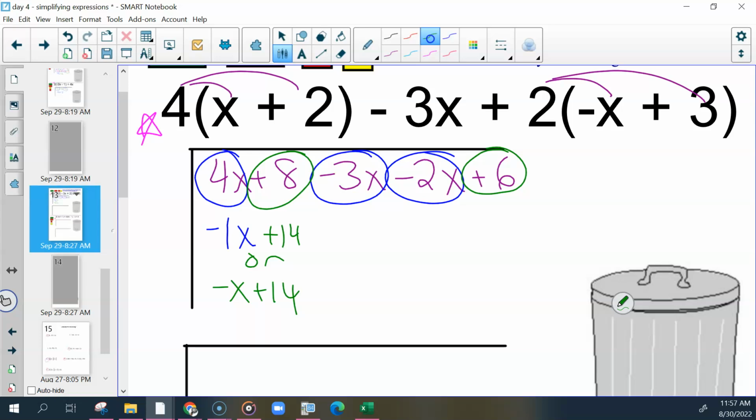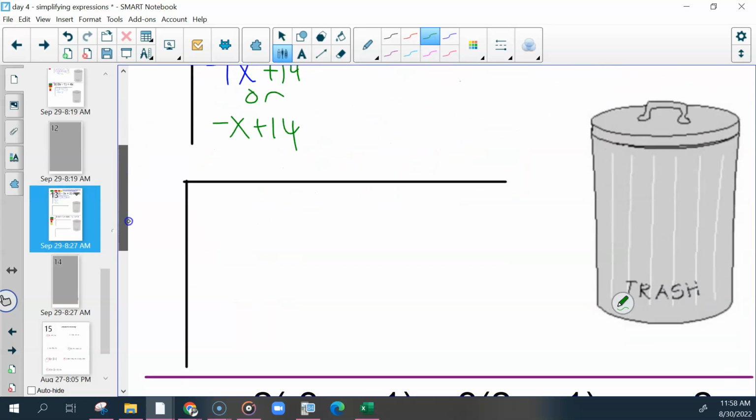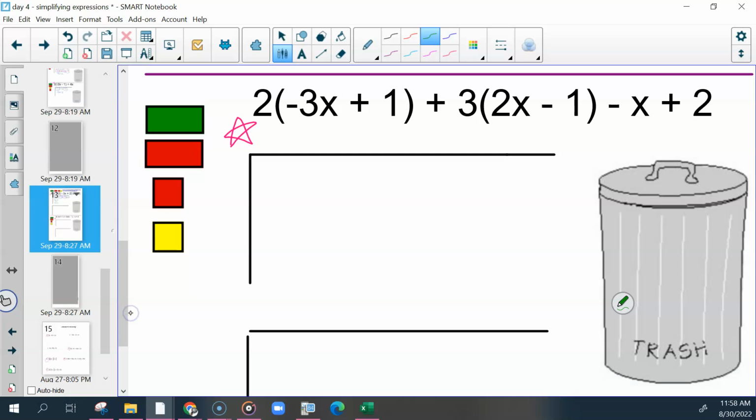Any questions on how we did that? How we got that answer? Does anyone still need this? Let's do this next one. Same as before, we're going to do these at the same time and make sure we bring down everything. As we start to distribute, what would this become?